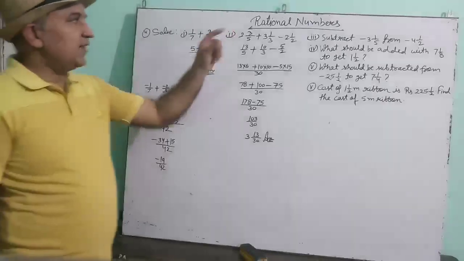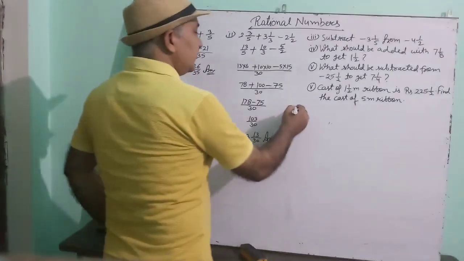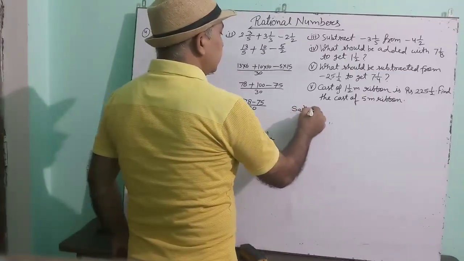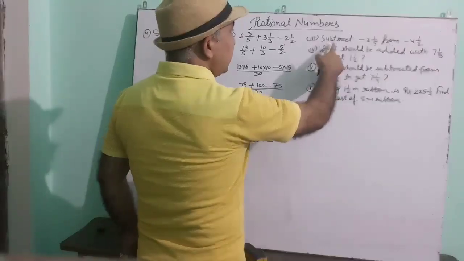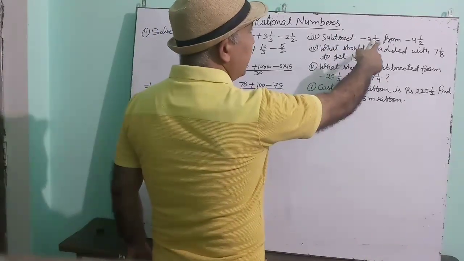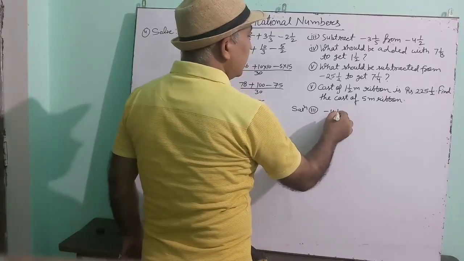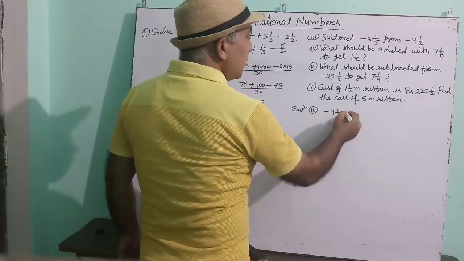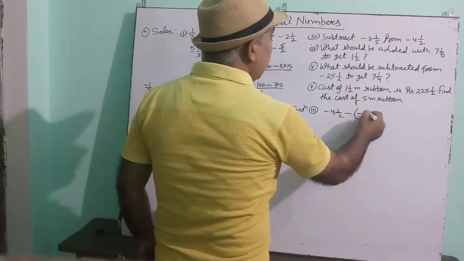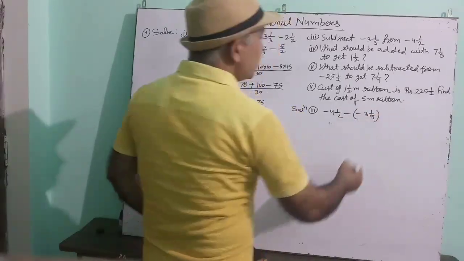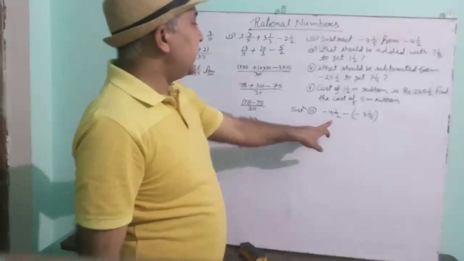Okay. Now see the third question. Subtract minus 3 into 1 by 5 from minus 4 and a half. From this number we have to subtract minus 3 into 1 by 5. Be careful.